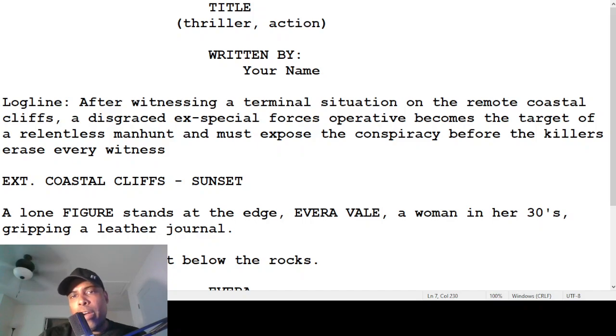So we'll figure out who Avera is. Avera is a woman. We'll see who she is. And who is the Special Forces guy, if you will. So that's what we have to do. We have to take the log line and figure it out.